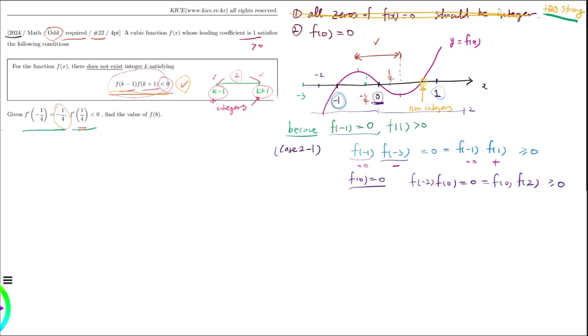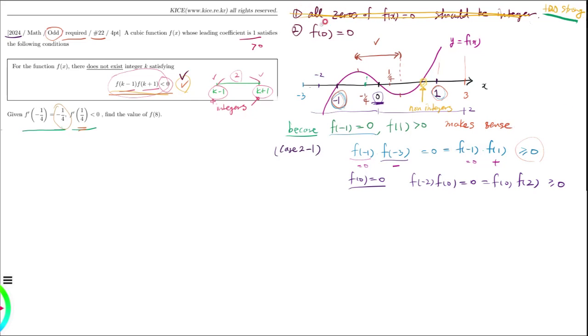So it does not break this condition. And for the other partners, for instance, the partner of 1 is 3 or -1, their multiplication is non-negative here. So this case makes sense.